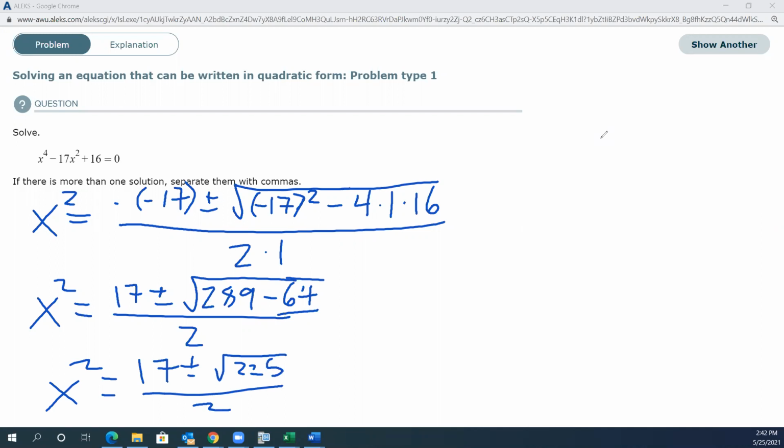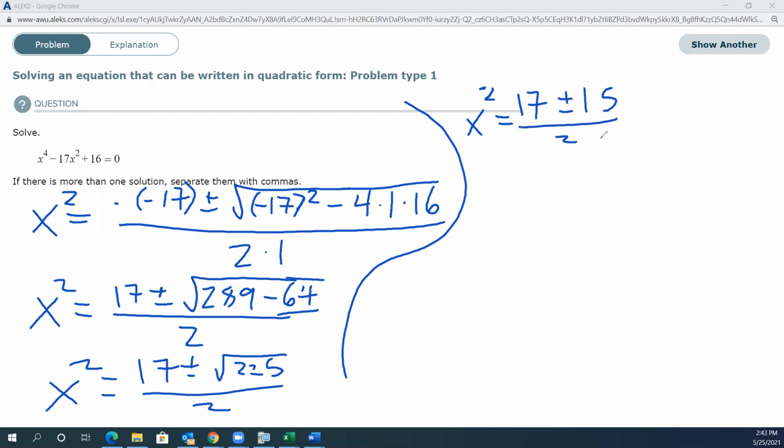Well, we're in luck. The square root of 225 is a nice, neat integer, 15. So then we can say 17 plus 15 is 32, and 17 minus 15 is 2, and we get 16 and 1.